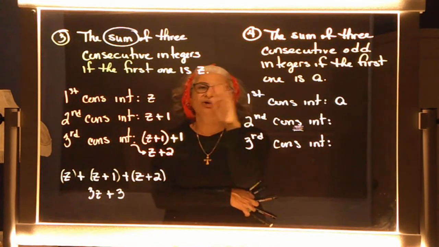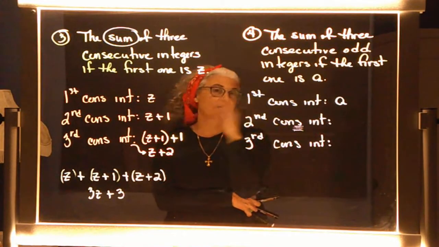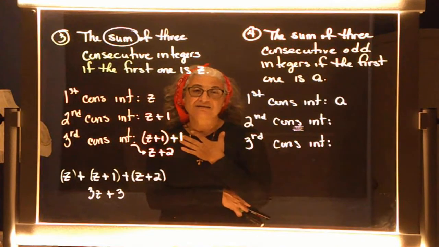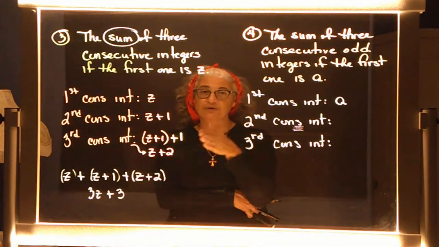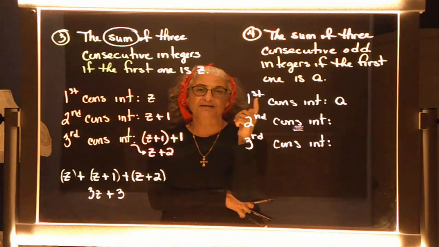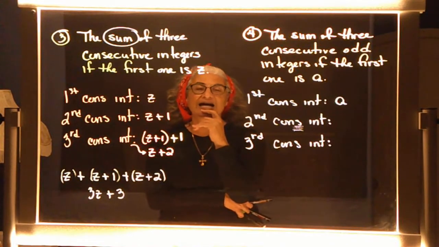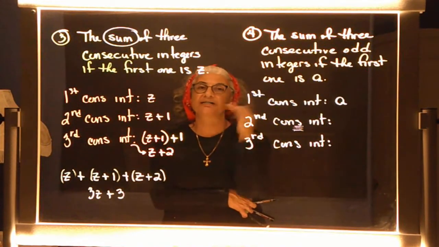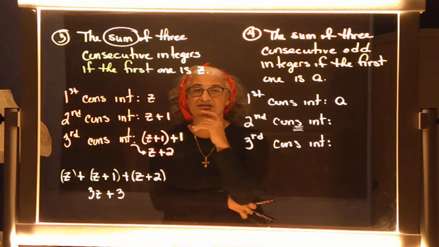How do you get from one odd to the next odd? And don't tell me you skip one, because that's how they taught us to do it when we were kids. They said skip one. Instead of 3 to 4, you go 3 to 5. That's not it. Mathematically speaking, how do you go from 3 to 5? How do you go from 21 to 23? How do you go from 47 to 49? What do you do to get from one odd to the next?